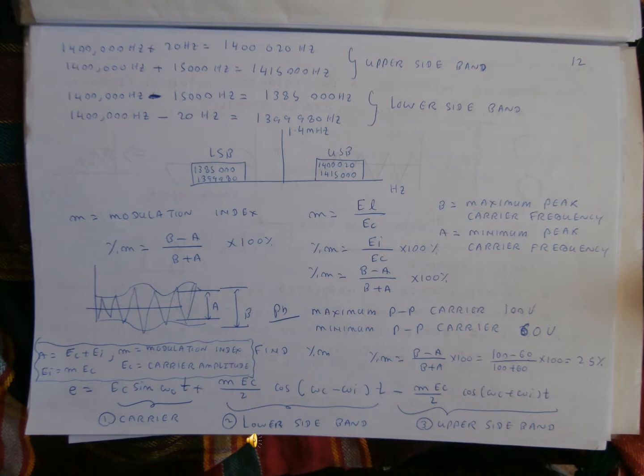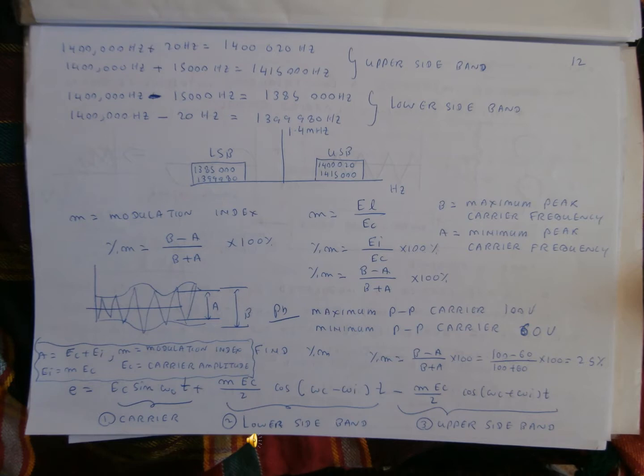Similarly, we can also calculate the lower side band. 1400000 hertz minus 15000 hertz gives 1385000 hertz, and 1400000 hertz minus 20 hertz equals 1399980 hertz.